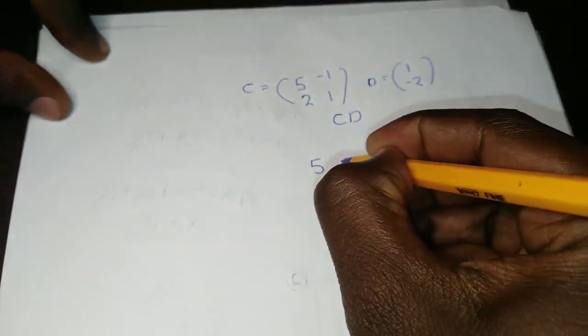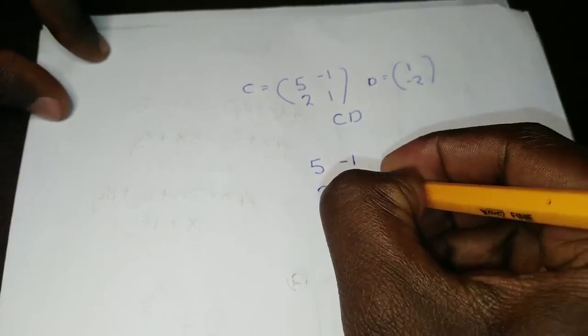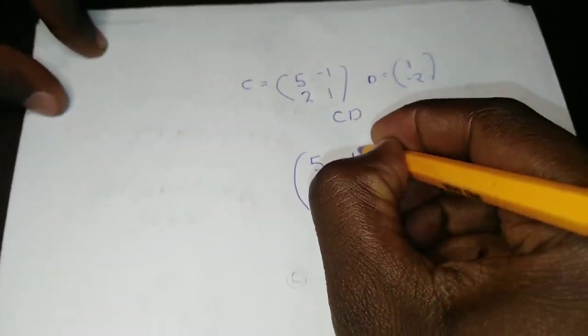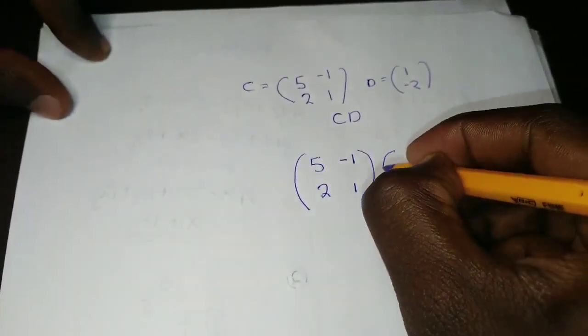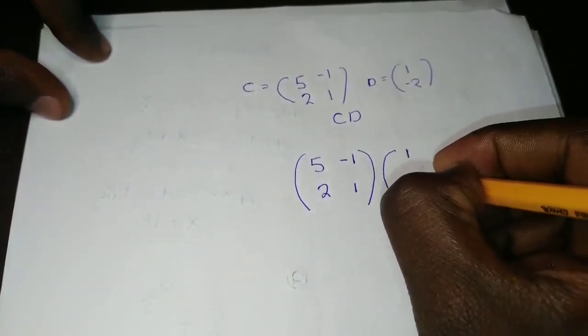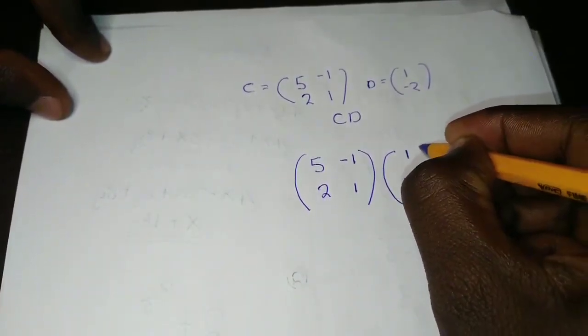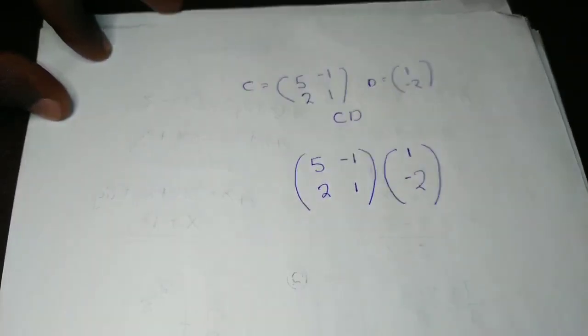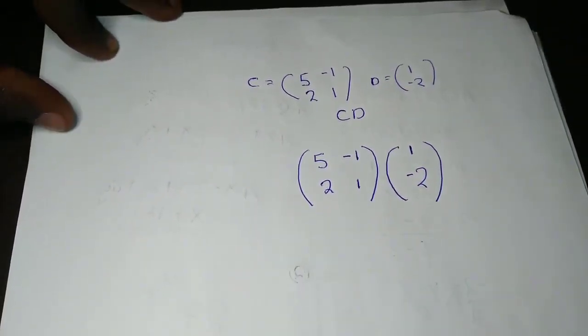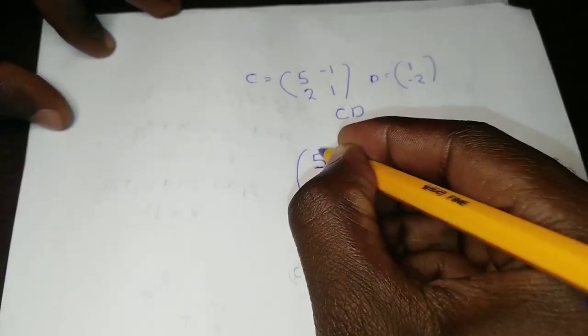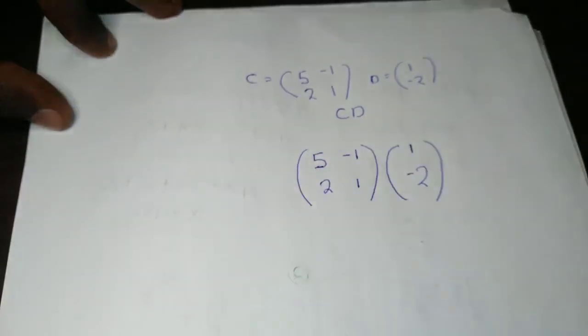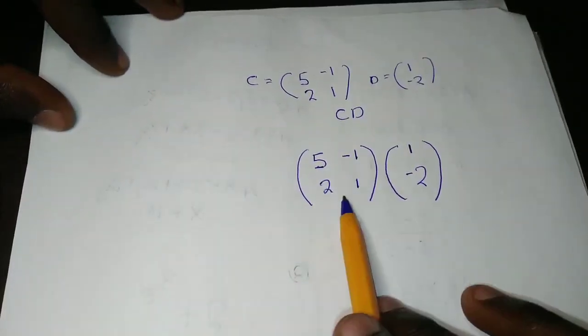Multiplying matrices is very easy. What I always like to tell myself in mathematics is that everything is easier. You just have to know what to do, and you can only know what to do when you practice more. So we multiply these two matrices.